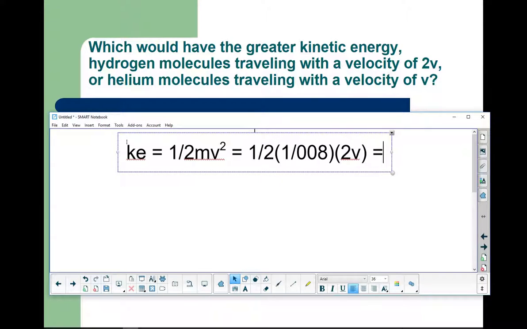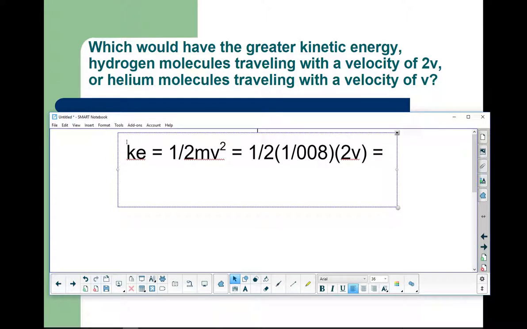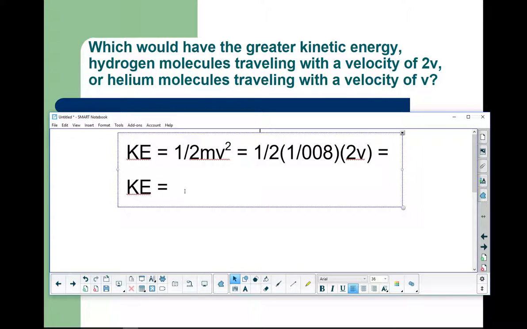Now this is more like math, where we don't really end up with an actual number. We're going to end up with something v. And then on the other one, I should have the kinetic energy capitalized there, sorry. All right, so this one, we're going to go 1/2 mass velocity squared also, and we're going to take the mass of helium, which is about 4.003, and times that by just v.